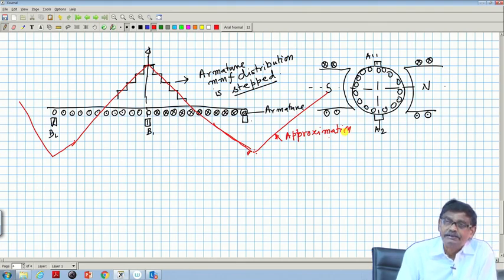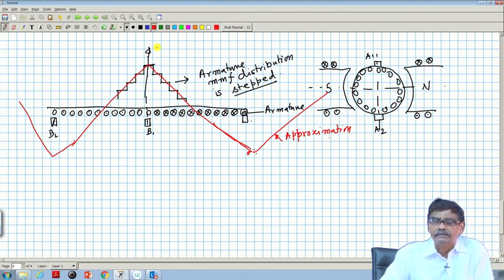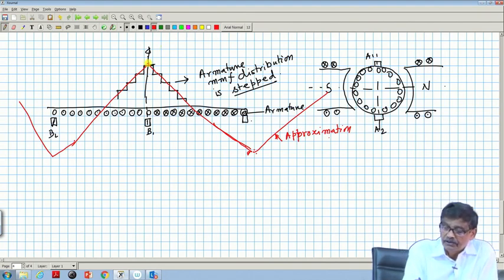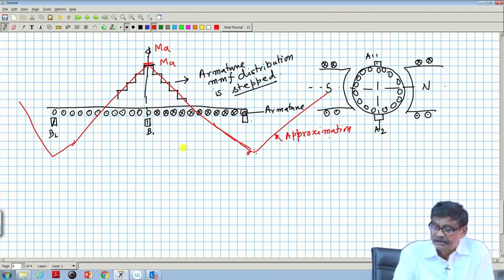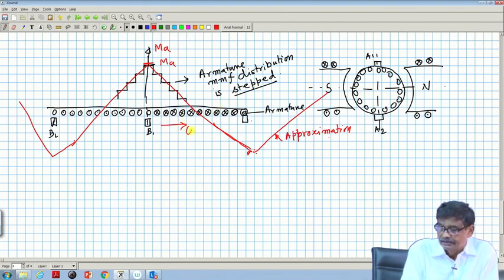So, in a DC machine we say that with a large number of conductors you forget about this small variation and assume it to be triangular in nature. This is the peak value of the armature MMF, M A. So, the M A distribution along the air gap of the machine can be approximated to a triangular sort of waveform. We will continue with that, and mind you, this is your space angle theta.